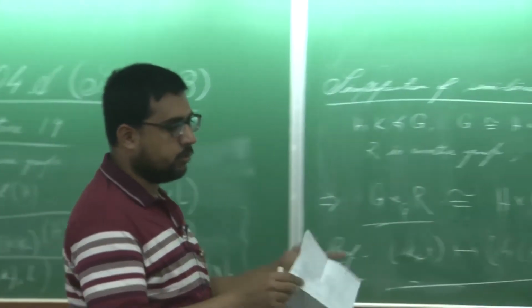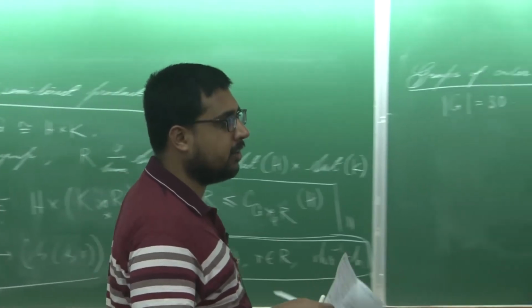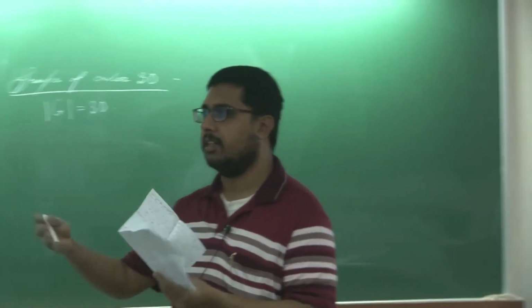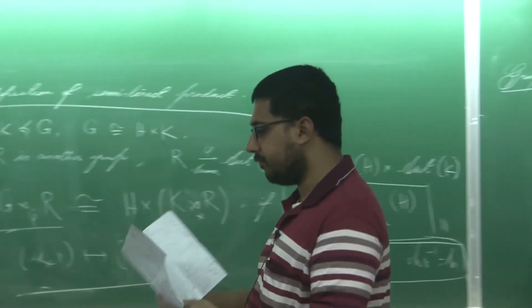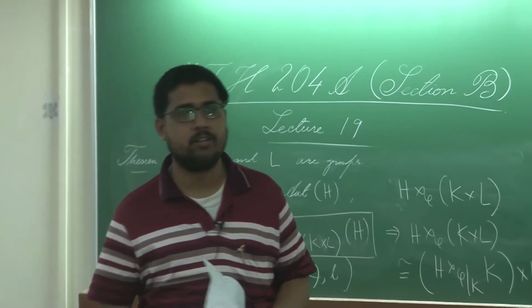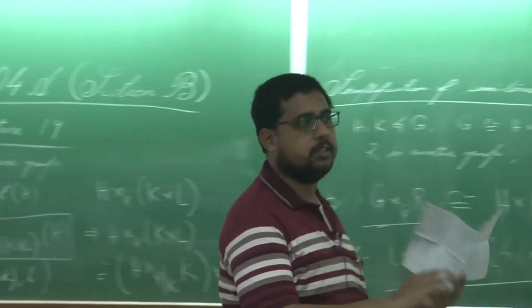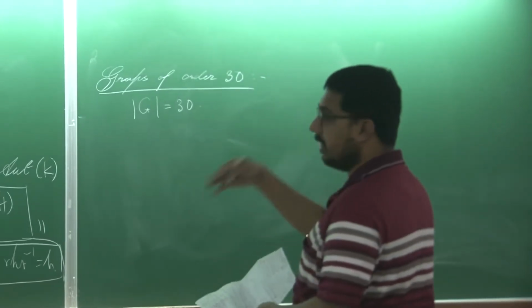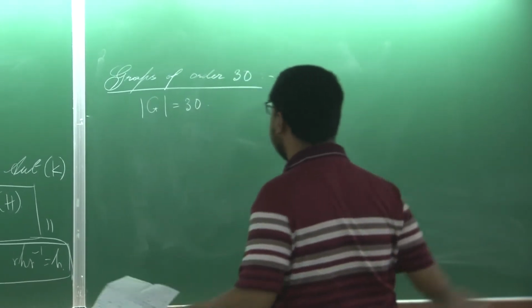Among these we have to show which pairs are isomorphic and which are not. Thus we will classify the groups completely, all the group structures corresponding to that order.